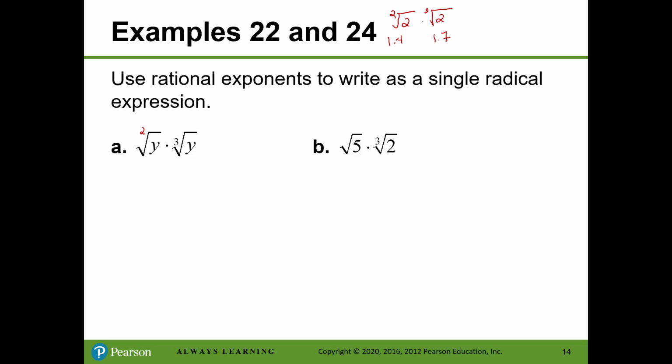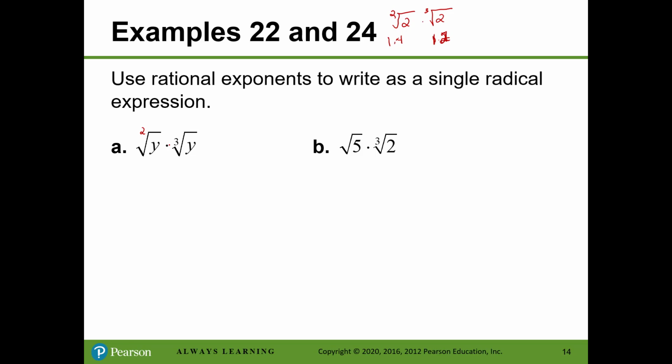You're like, I don't believe you, which is totally fine. As a matter of fact, I'm going to check myself, and that's actually 1.2. They're not the same. So I can't multiply these two radicals because they're not the same.